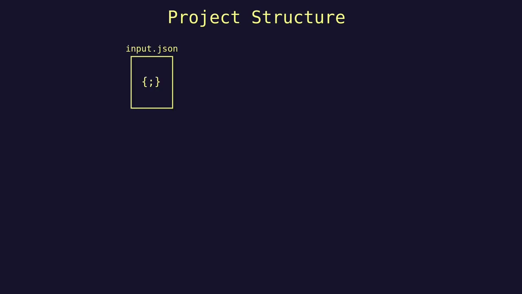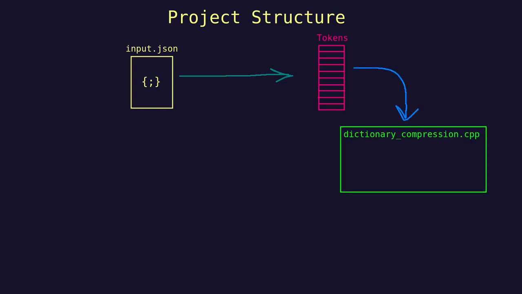The project structure looks like this at a higher level. First, we have our JSON file that we want to compress. Then I have a function that scans the JSON file and creates a big list of each individual word or token. Then that list gets passed into our main library, this dictionary compression C++ file. This is where the actual compression stuff happens. And that file outputs a hash map, which represents our dictionary.